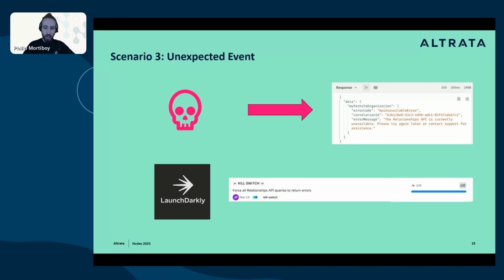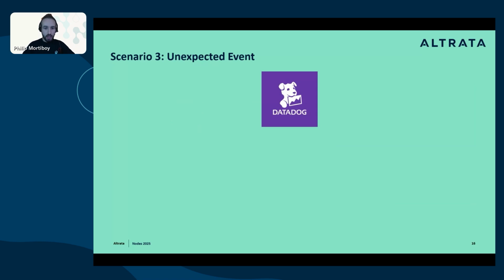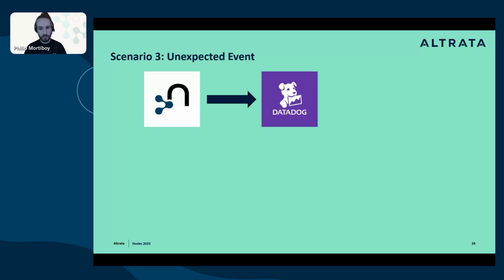And for that, at Altrata, we use Datadog as our monitoring, our alarming system. And the great thing we were able to do with Aura is Aura has a metrics integration endpoint you can use to essentially ship all of the metrics, all of the logs out of Aura and into a telemetry provider of your choosing.